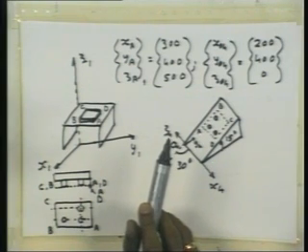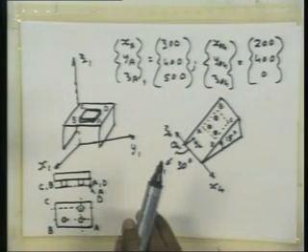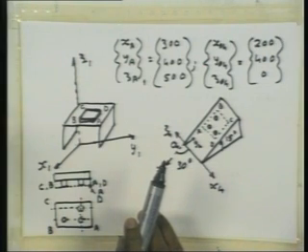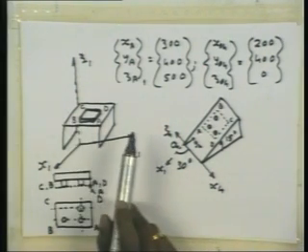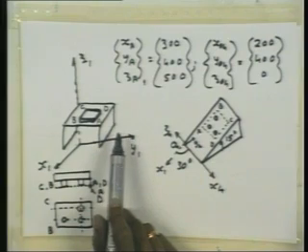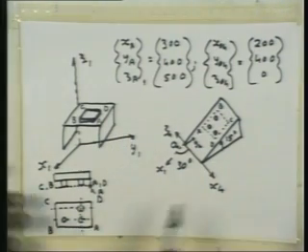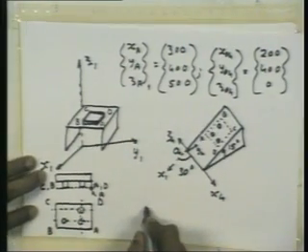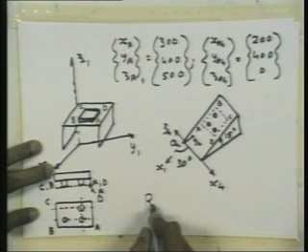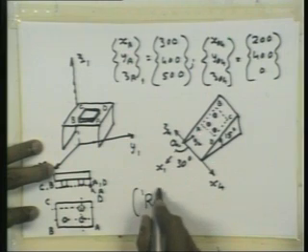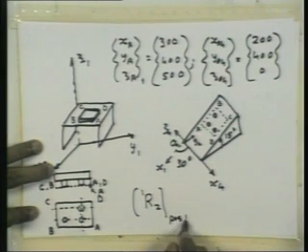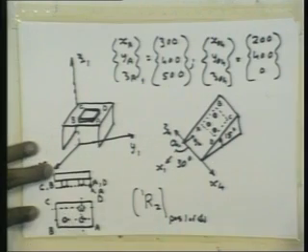So the orientation matrix of 2, the reference frame attached to the object, with respect to 1 in the first position of the object can be obtained, right? That is R of 2 with respect to 1 in position 1 of the object. Frame 2 will go somewhere else when the object goes here, and that we will have to work out later.